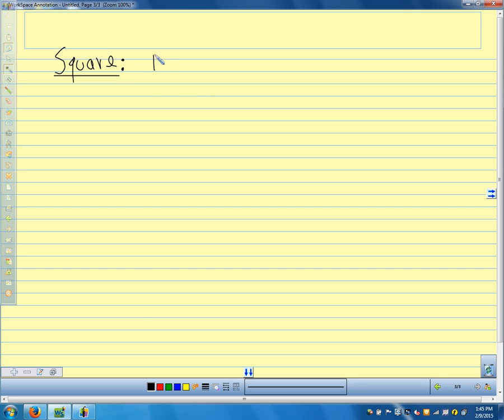So square has 4 congruent sides, 4 right angles. And that makes lots of special things happen with a square.